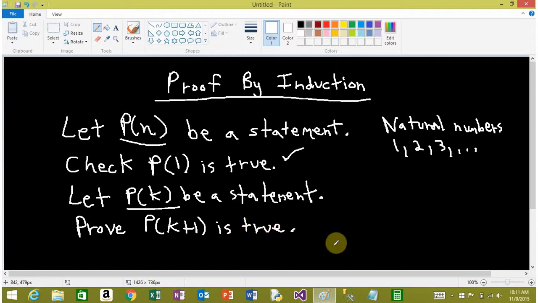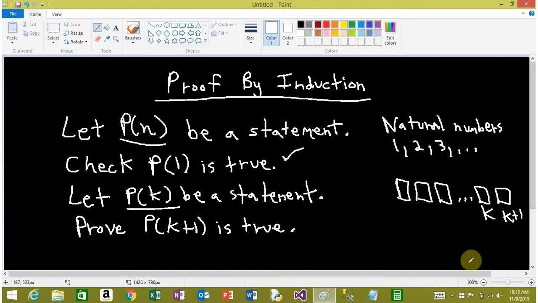You can think of this like a domino theory. Say you've got a bunch of dominoes. This is the first one, the second one, the third, and then later on you have the k domino and the k plus 1 domino. First, we check to see if the first domino is going to fall down. We see that that's true, so that's okay.